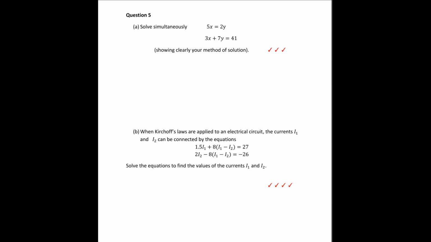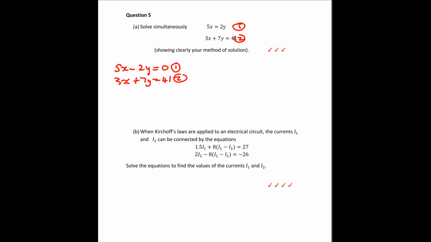For the first one, either you can rewrite equation 1 as 5x minus 2y equals 0 and leave equation 2 the same.